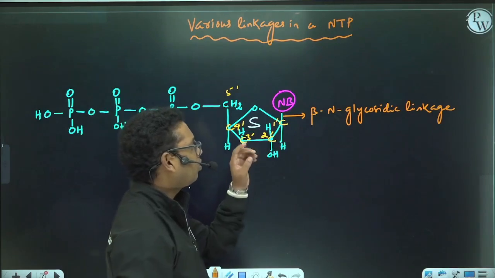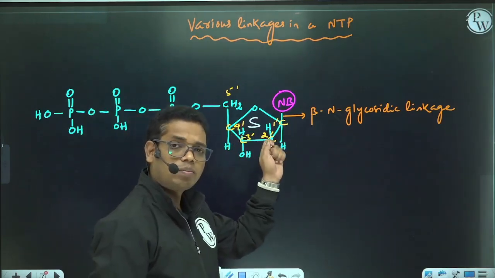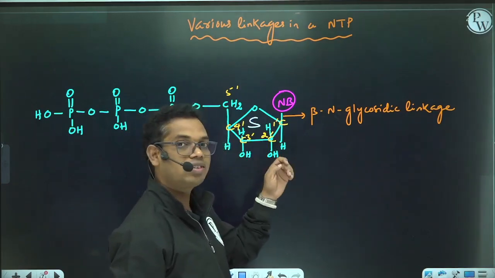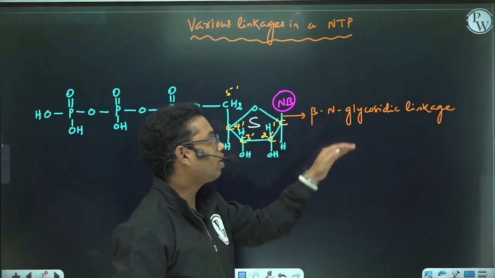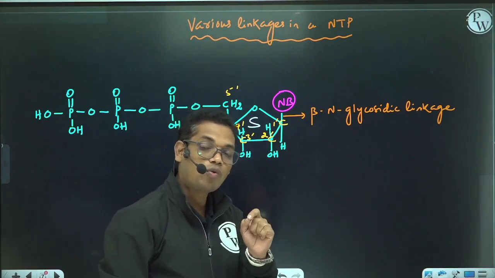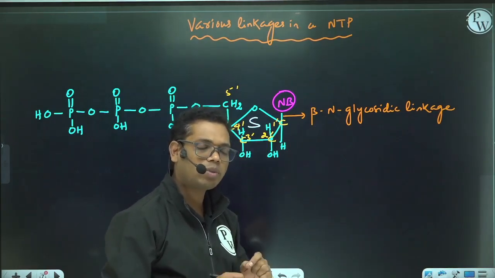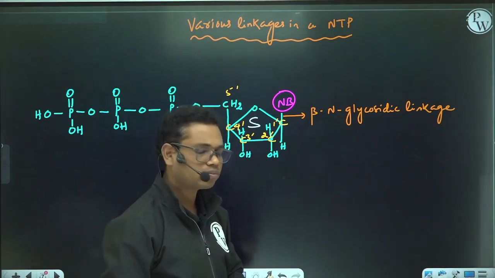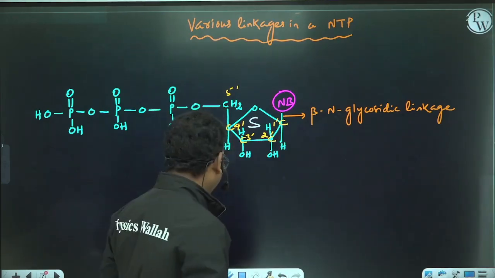And the member of this nitrogenous base which is involved in the formation of beta N-glycosidic linkage is the 1 number nitrogen or the 9 number member of the nitrogenous base. So let me write that here.